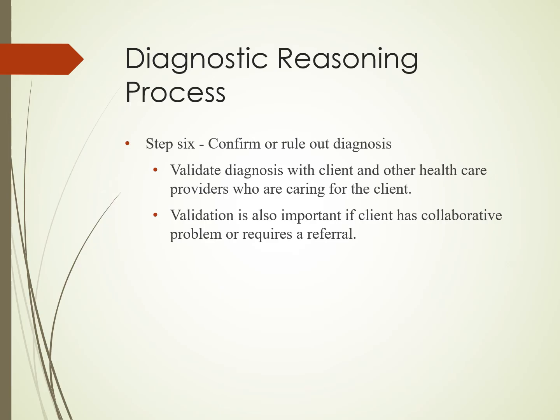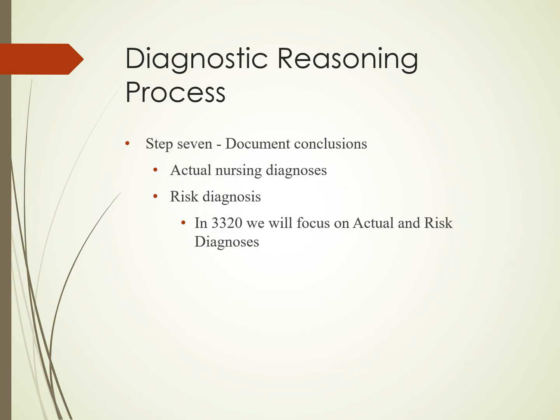Then we're going to confirm or rule out the diagnosis. We're going to validate, maybe look at some other information if we need to validate for any other problems. But we're going to really focus on actual diagnosis this semester as we start talking about NANDA diagnosis.